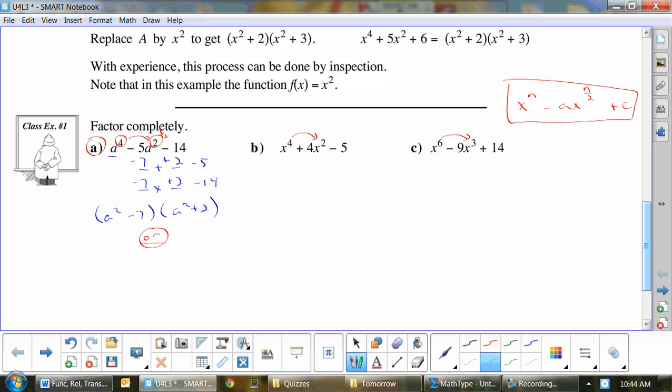We will let big A equal little a squared, because we're dealing with a's here. So how's that going to work? Well, that would be A squared minus 5A minus 14.